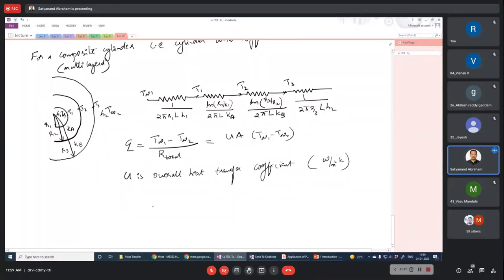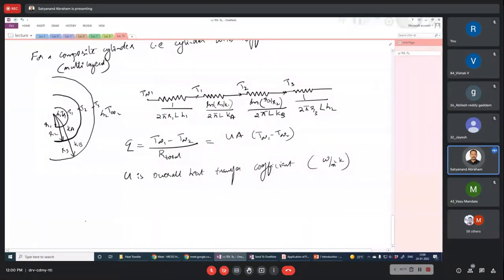Here we are saying U into A, and which A are we talking about? If we were talking about a slab, we had only one area, since the cross-sectional area is constant throughout. Here we have different areas: the inner surface area, the outer surface area, and even an intermediate area. So which area can we take?